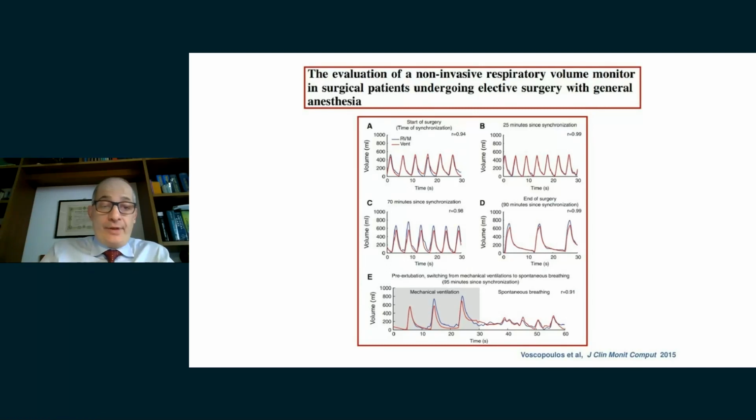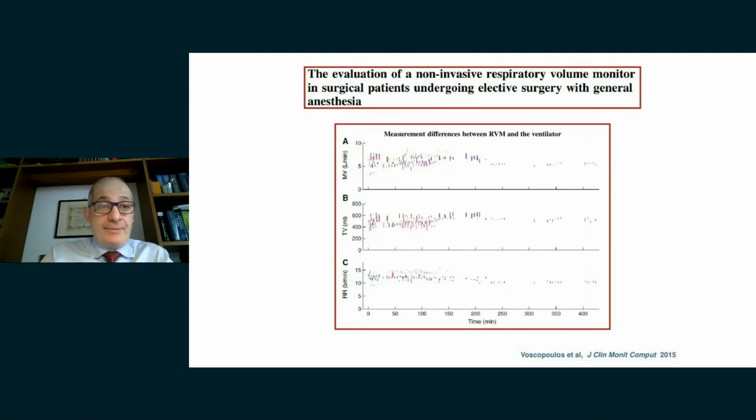When the patient recovers, so starts to have active breathing, the red is the spirometer of the ventilator, while the blue is the respiratory volume monitor. And as you can see in the blue, there is a higher inspiratory effort not detected by the ventilator.